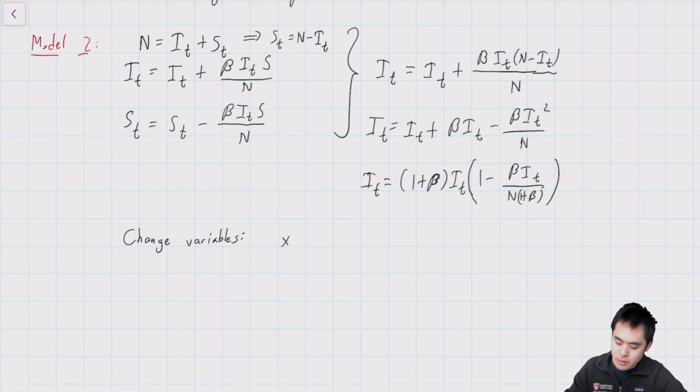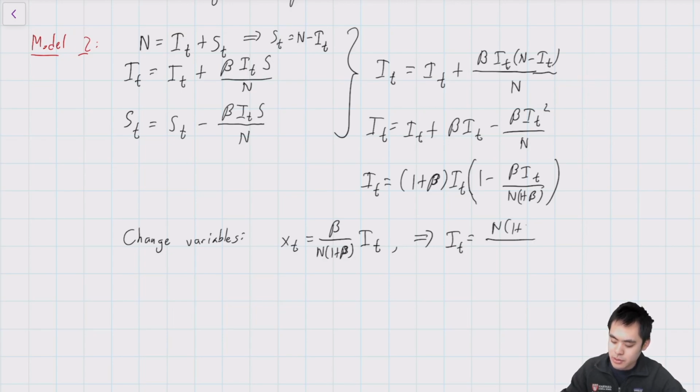So let's say x_t is equal to beta over N times (1 plus beta) times I_t, which implies that, of course, I_t is equal to N times (1 plus beta) over beta times x_t.